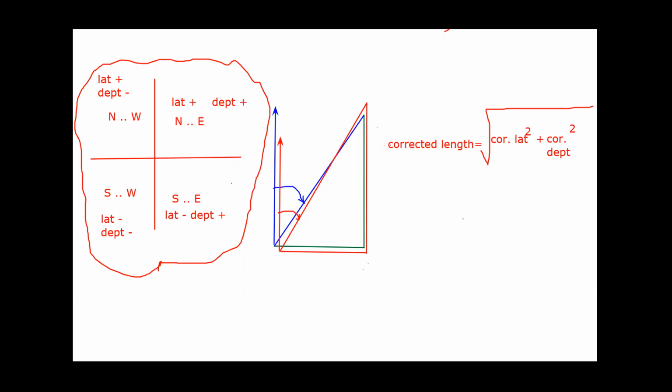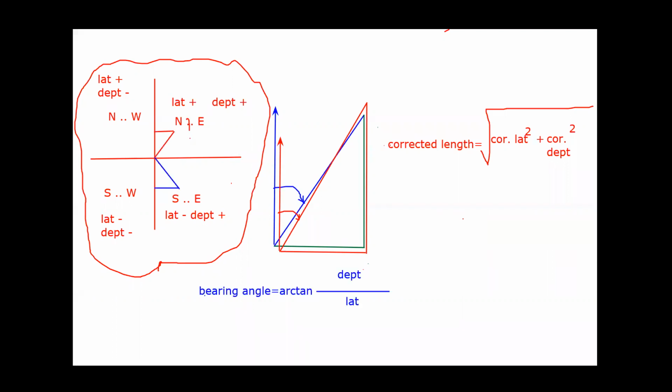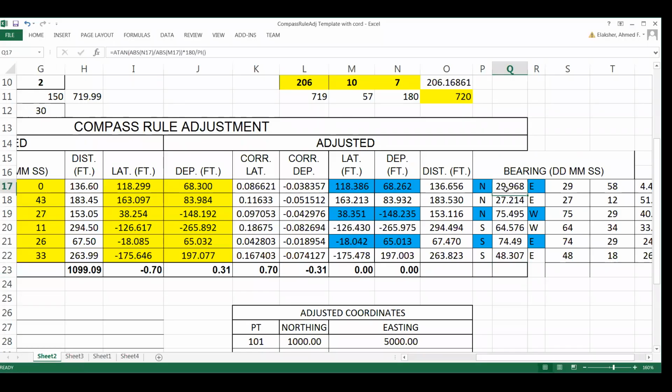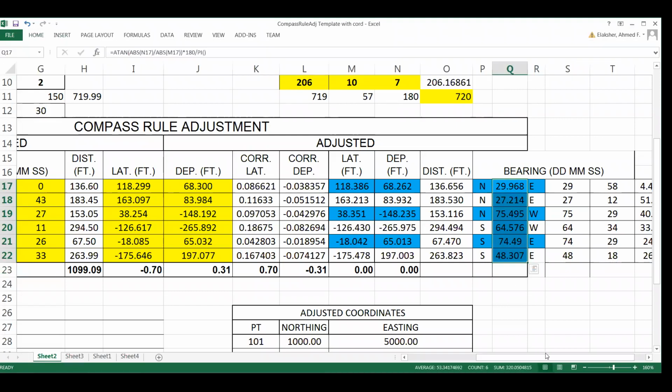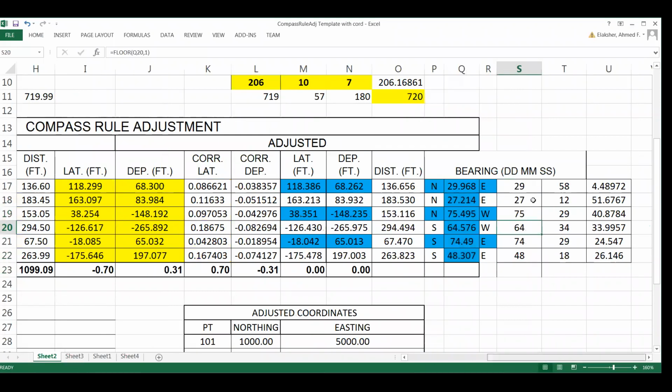Otherwise, you'll need to do some calculations and take care of the quadrants, but that's what I did in my spreadsheet here. So these are the values here, just by taking the arctangent, which we all did before. And then I converted this into degrees, minutes, seconds. And that's it for the adjustment part.